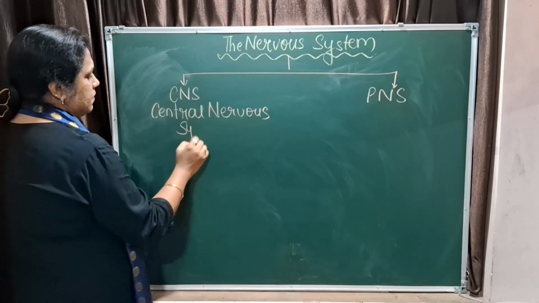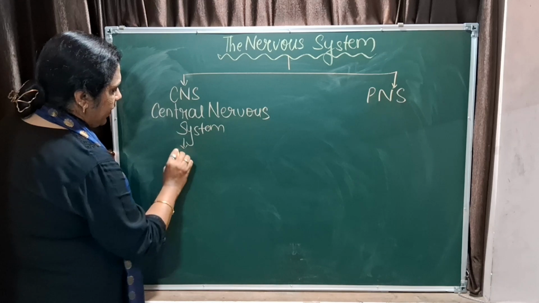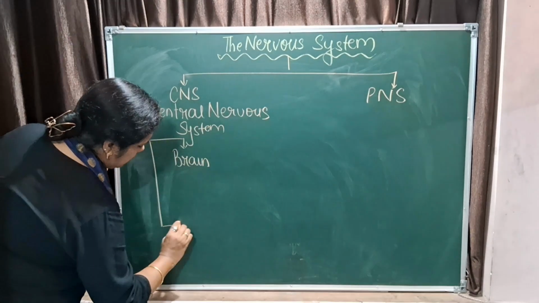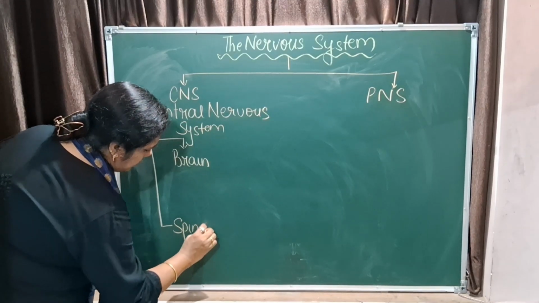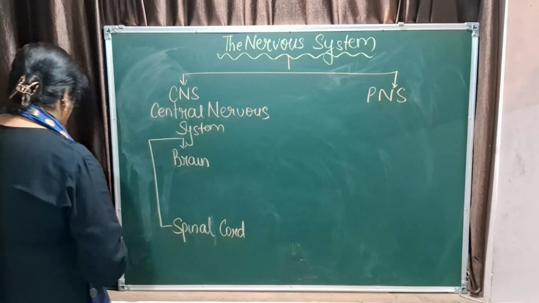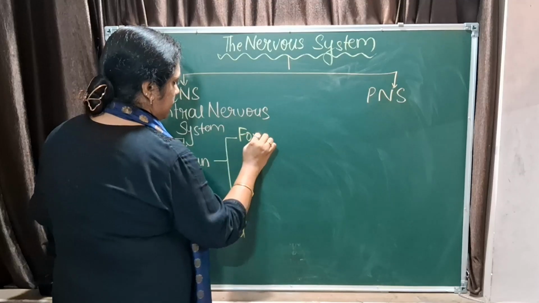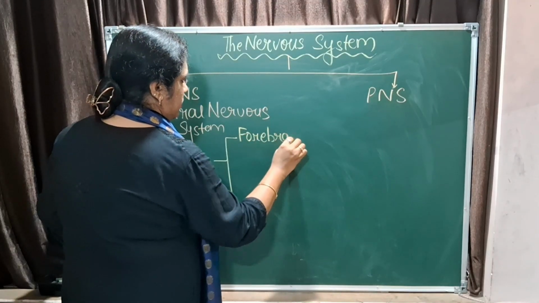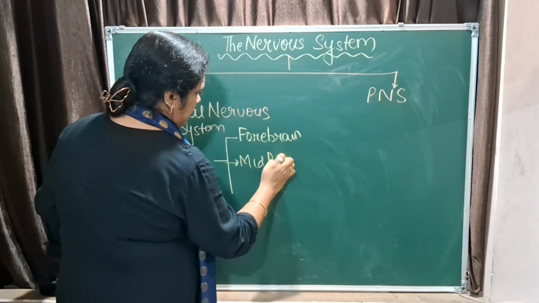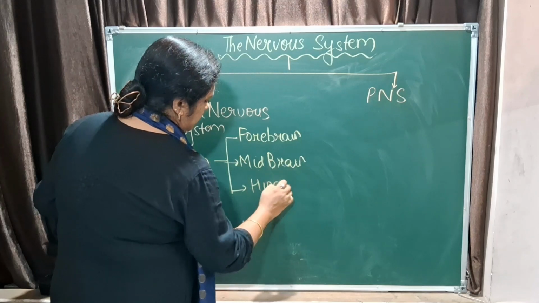The central nervous system comprises the brain and the spinal cord. Now, the brain has the forebrain, the midbrain, and the hindbrain.